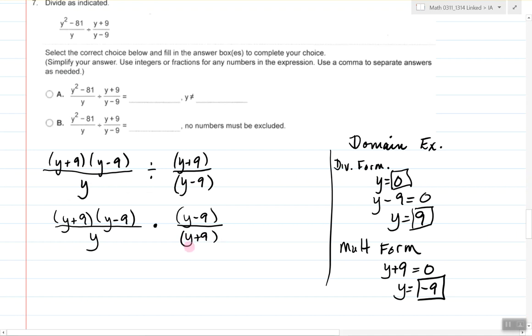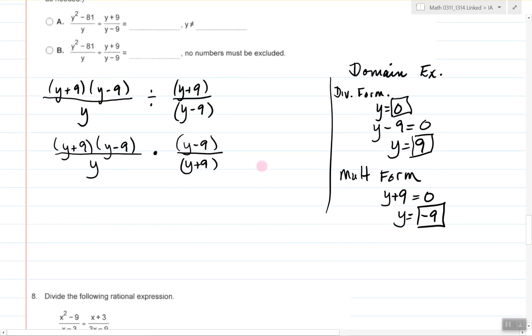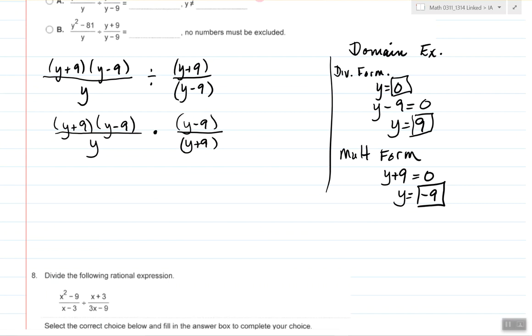I do sometimes hear people talk about when you're doing division, if you're looking for domain exclusions, you check the denominator of the first one, the denominator of the second one, and go ahead and check the numerator of the second one, because when you flip it, it's going to be a denominator. You can do it that way if that makes sense to you.